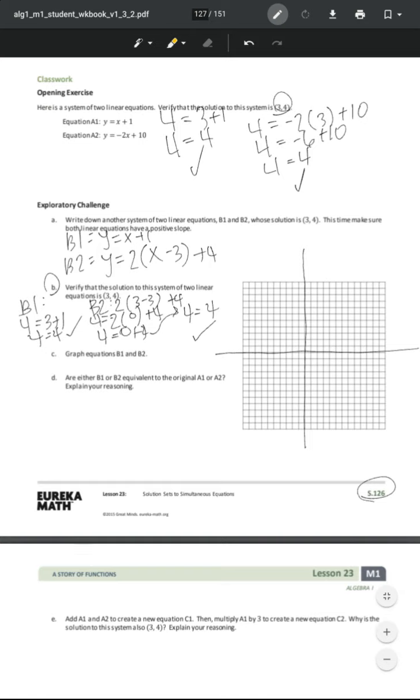So we're going to graph B1. We need to graph our y-intercept first. So we're going to put a point at y is 1. Oh, it's hard with this. There we go. Put a point at y is 1. And our slope is up 1 over 1.